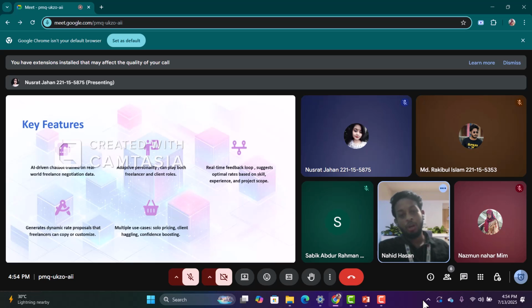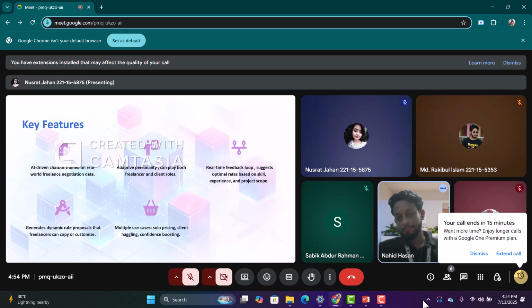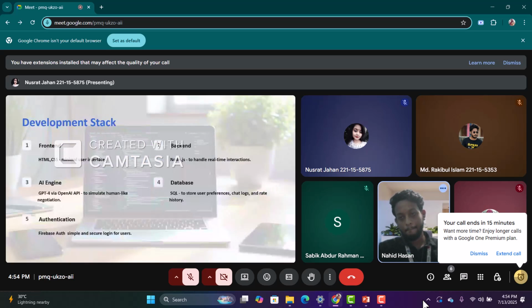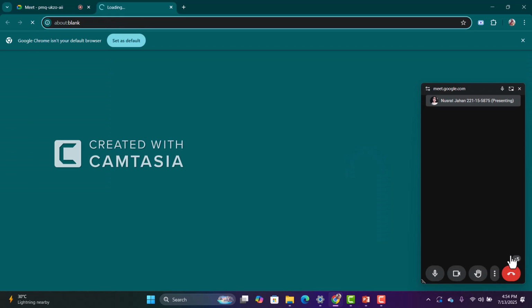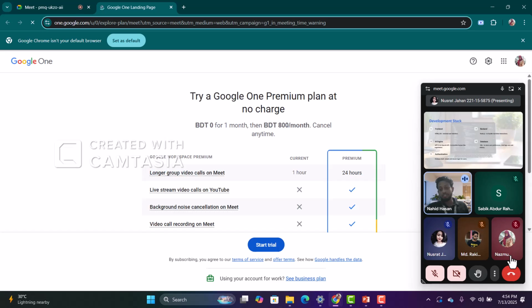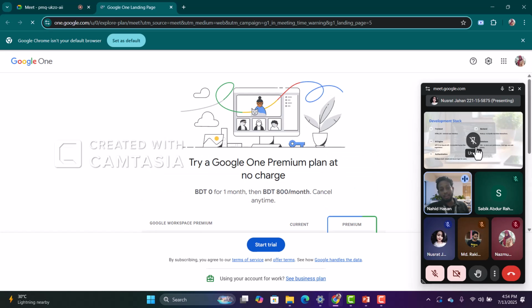Now moving on to the development stack. For the backend, we chose Node.js to manage real-time interaction efficiently. The front end is kept clean with HTML and CSS, ensuring simplicity and speed.